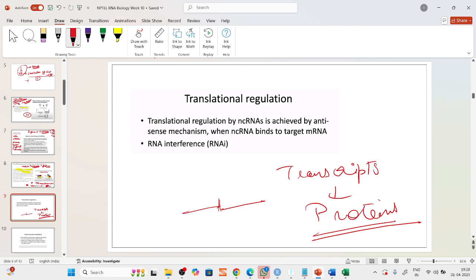We are studying it because these are the different ways in which dosage compensation can be performed. Fine.